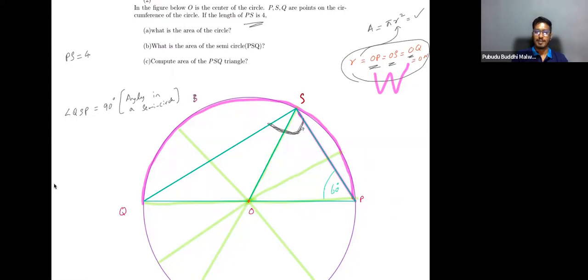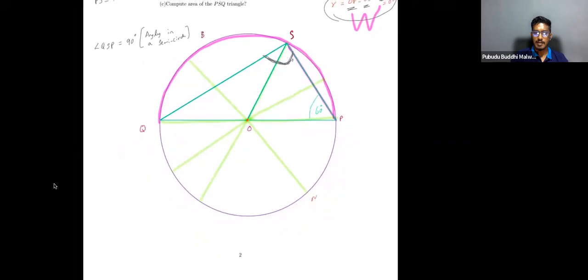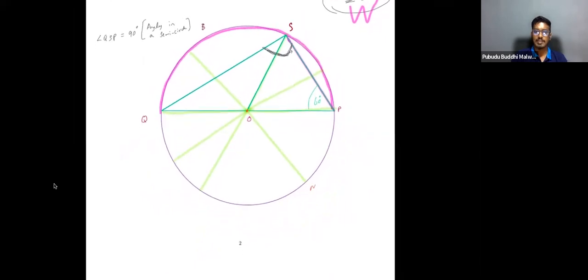So that's quite helpful. Therefore, let me draw that triangle separately because that's a very important triangle for us, a right angle triangle. 90 degrees, here 60. This length, PS, equals 4.